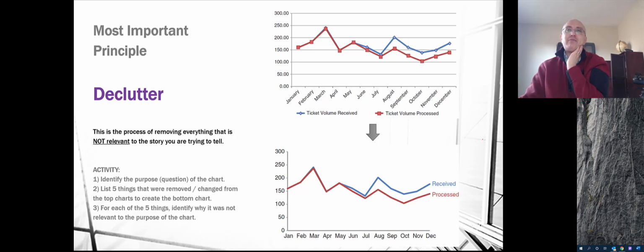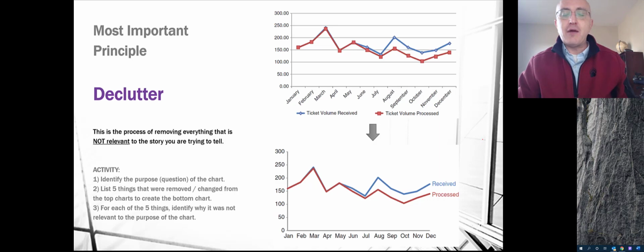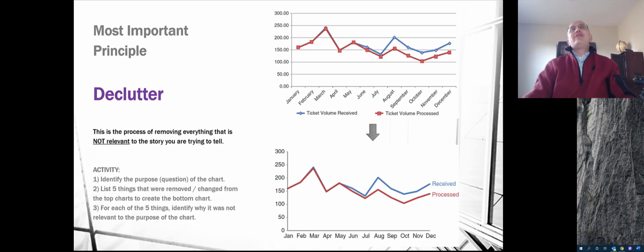But I pulled some examples from her book that I thought were especially interesting. After you've spent this ginormous amount of time exploring your data, creating different vizzes, not really being too picky about what your vizzes look like, you're just trying to explore, then you want to engage in this decluttering process.